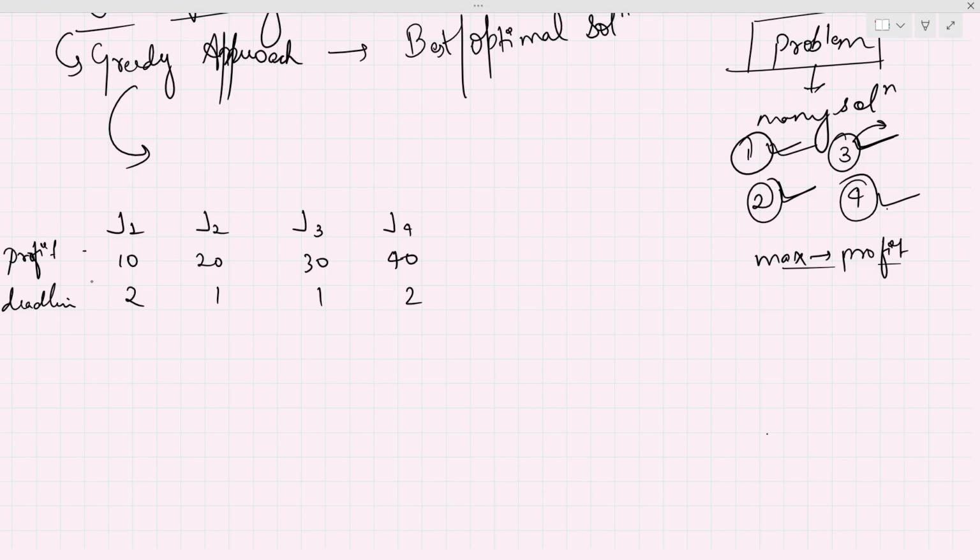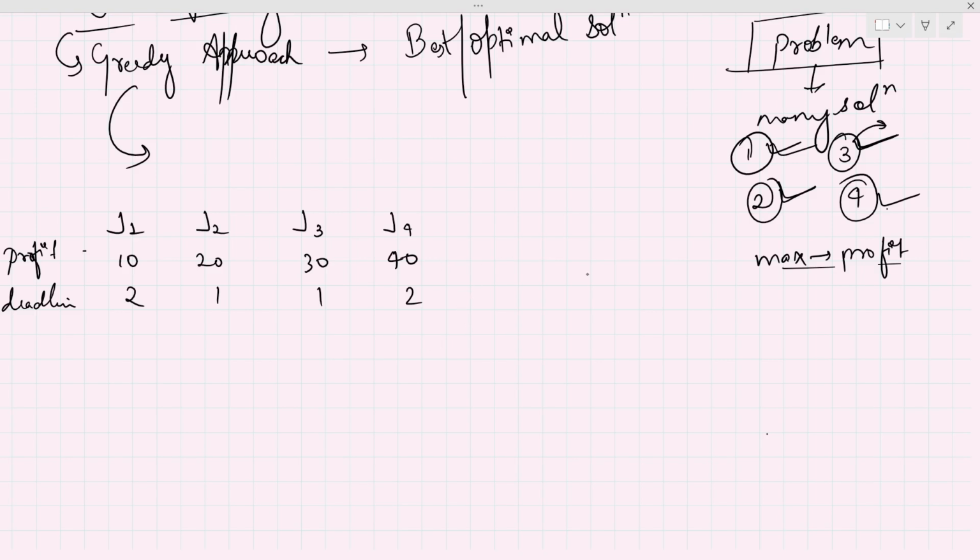Okay, so what we have to do is arrange these things in such a way that we can generate a maximum profit. You can understand this as 4 solutions of a particular problem. We have to choose the solution which gives me a maximum profit.